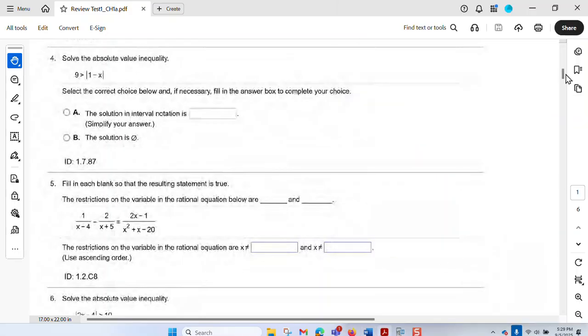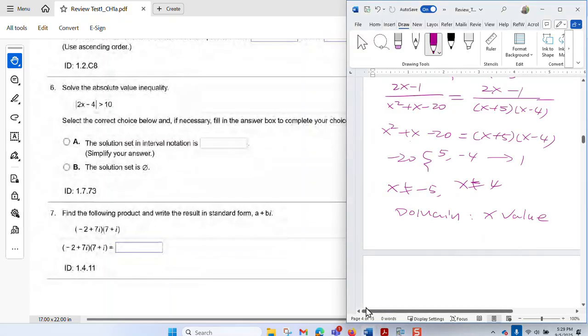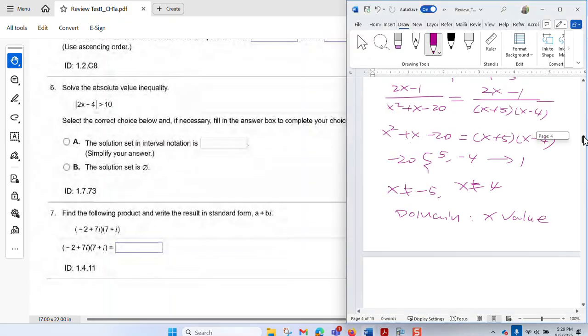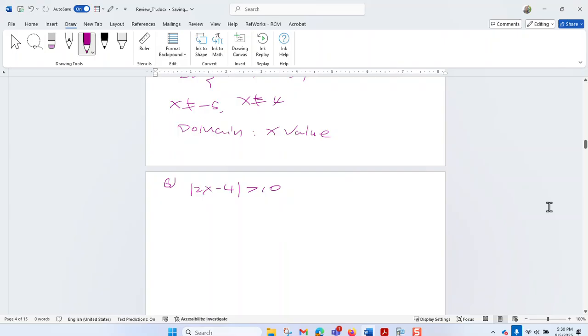All right, this one is still the 1.7, right? How do you solve this inequality? As I mentioned earlier, this is greater than, so you're going to have a compound inequality. So 2x minus 4 greater than 10. How do I get rid of the absolute value? This is different, more than 10 miles away.